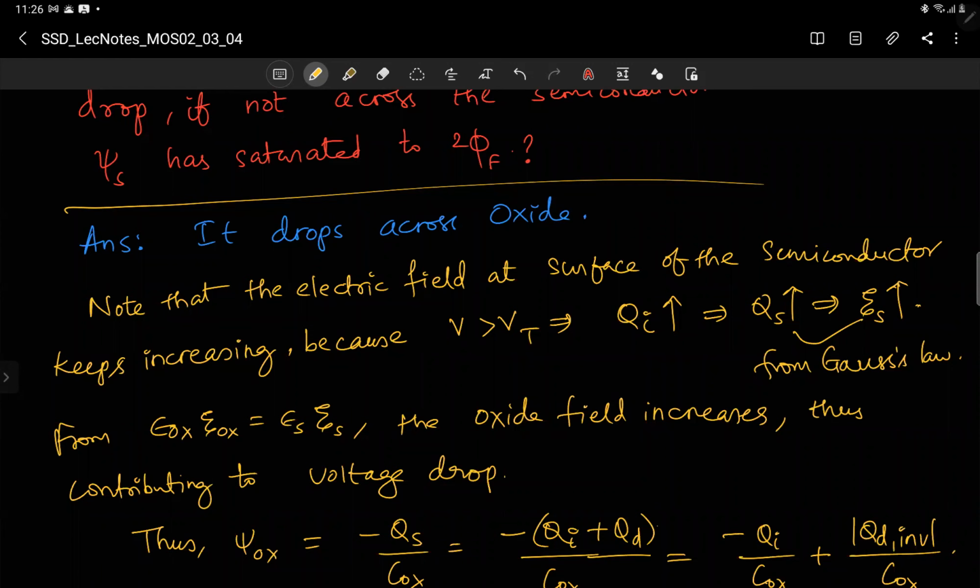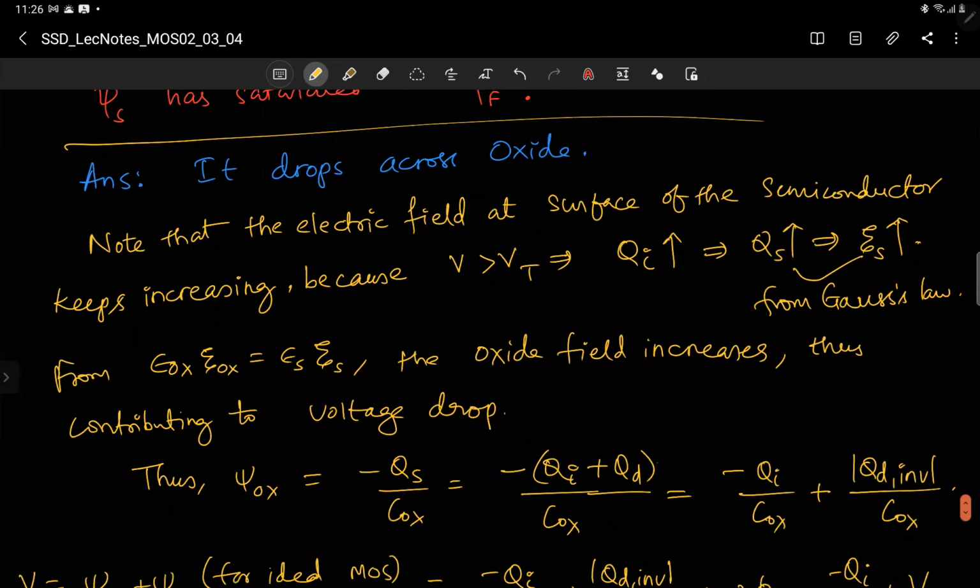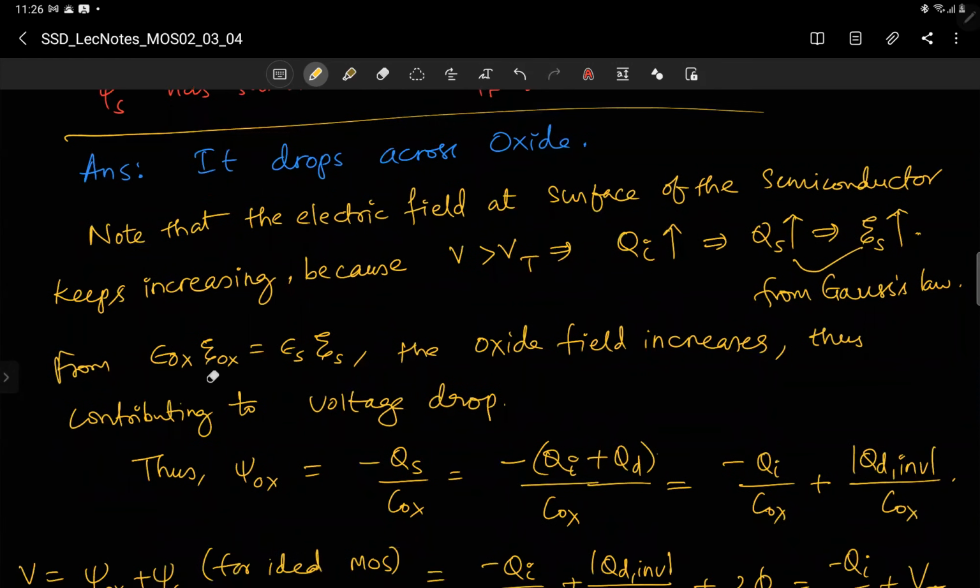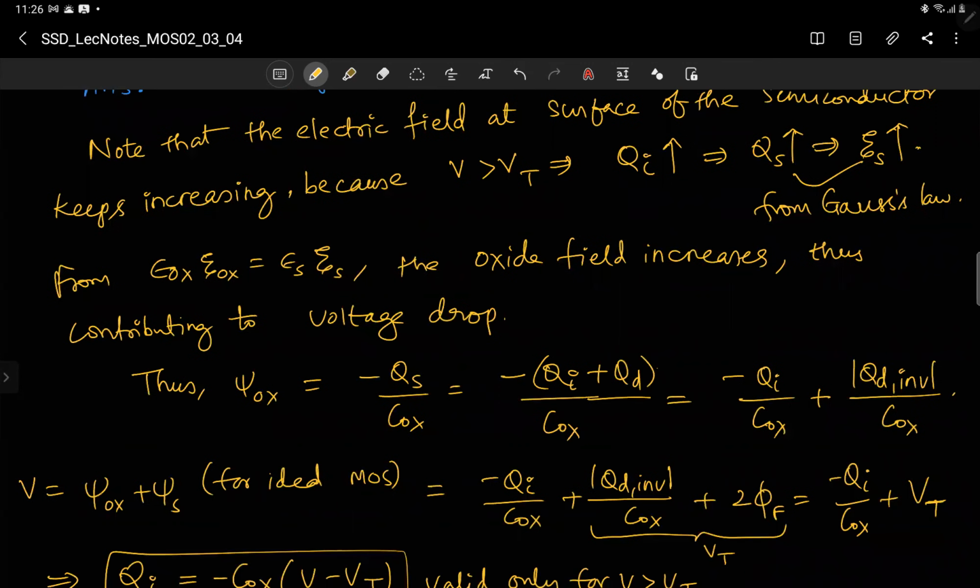If the electric field has increased, then the electric field in the oxide also has to increase, because we have this continuity equation. This continuity equation tells you that the electric field in the oxide must increase because the electric field in the semiconductor has increased. And this increase in electric field in the oxide results in an increase in oxide drop.